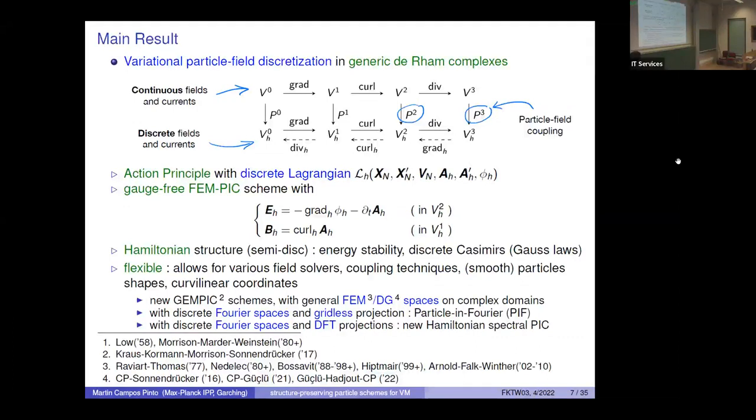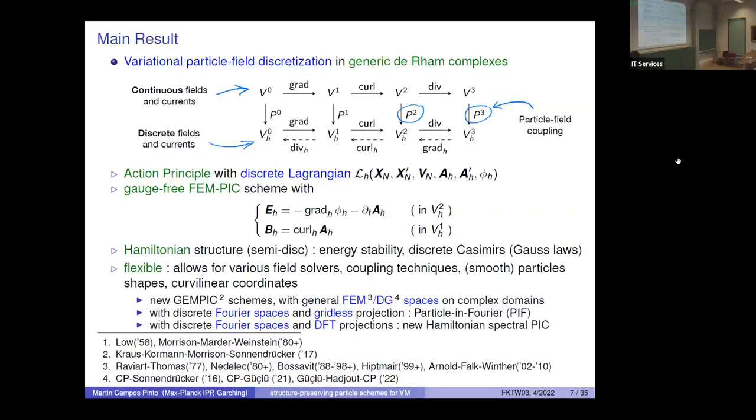They were using spline finite elements, point particles, and a strong Faraday ansatz, which means essentially that the electric field was here and the magnetic field was in this div-conforming space. But actually, other choices are possible. And we can rewrite this kind of schemes for general finite elements and also broken finite elements, DG spaces.